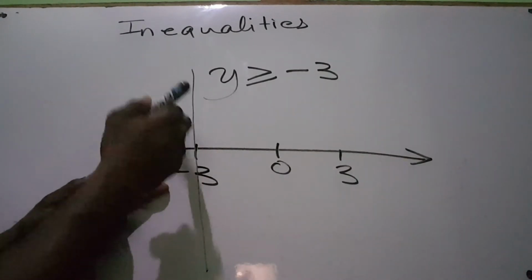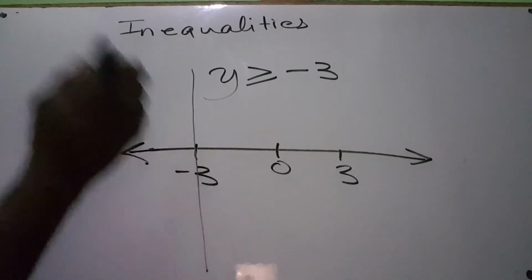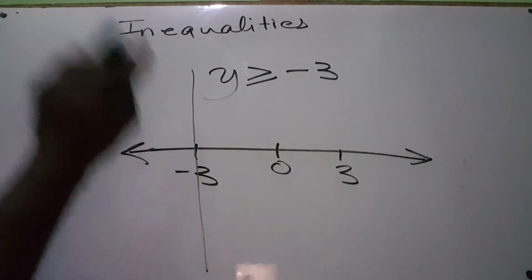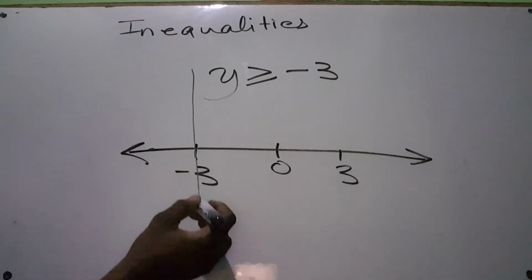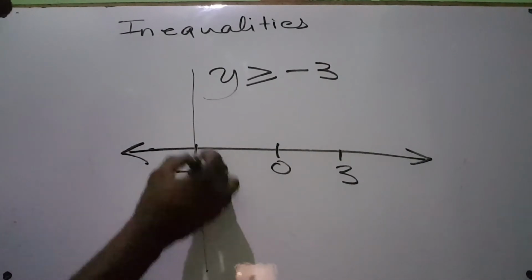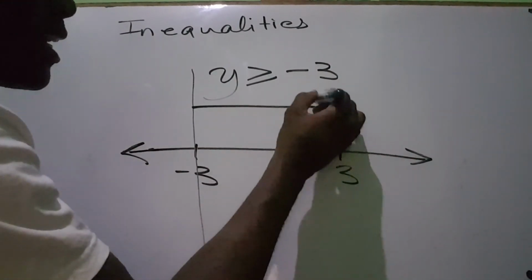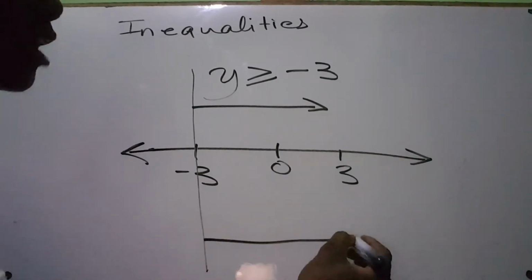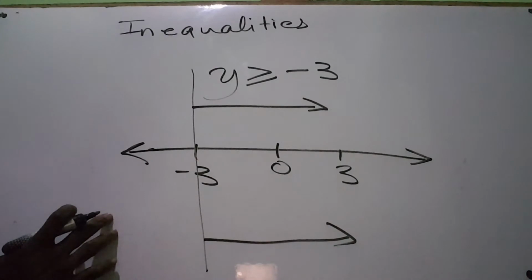I will use a solid line, not a broken line, because I'm saying that -3 is a part of my solution. Therefore, greater than. So all the solutions start at this line and go in that direction all the way to positive infinity.